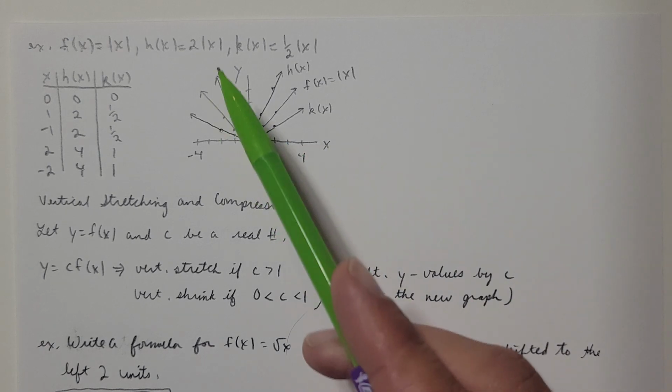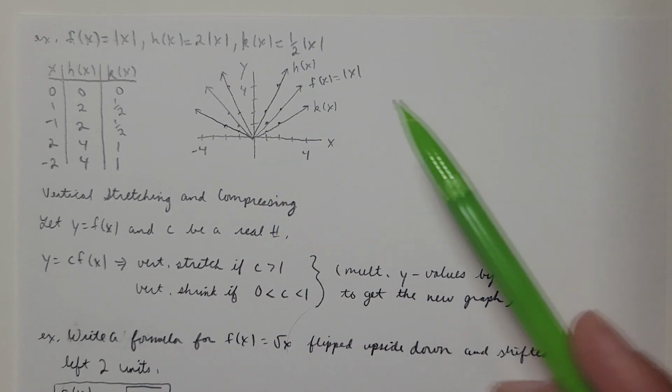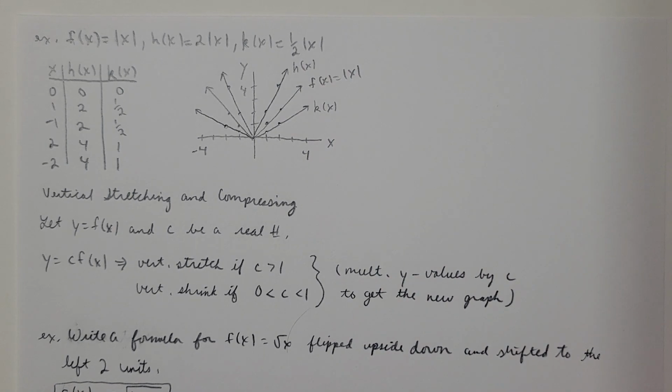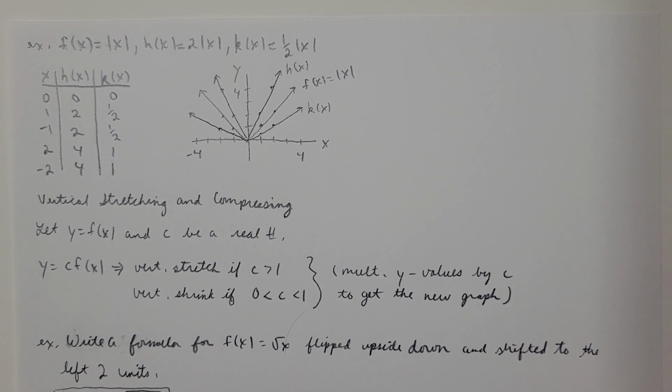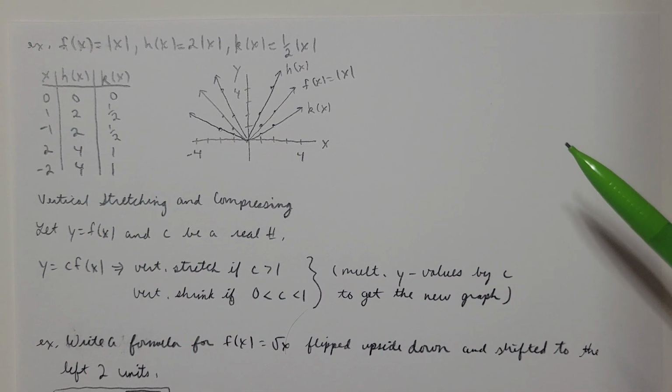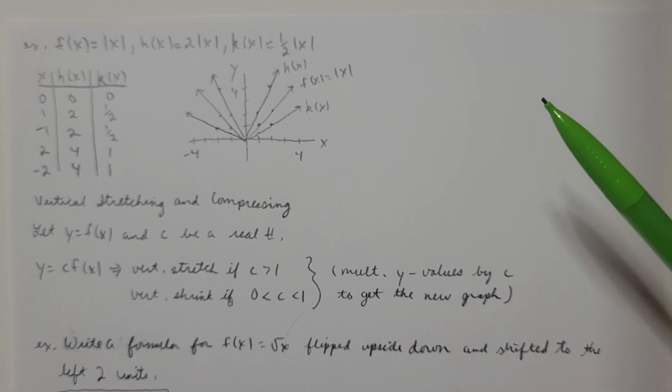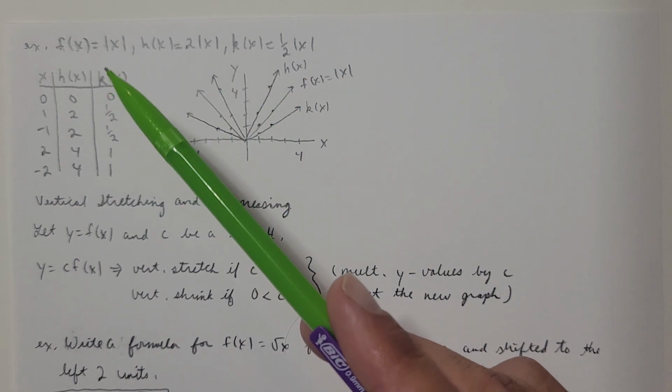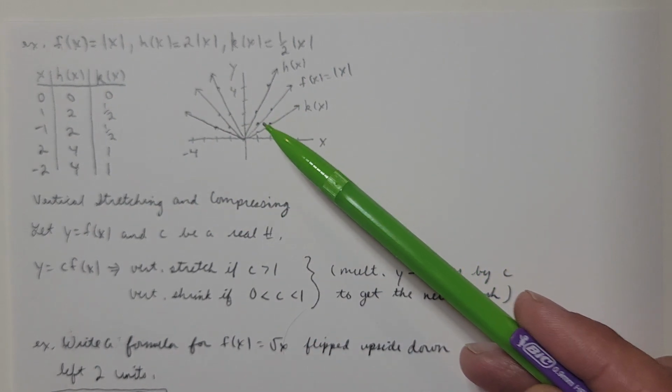H of x is 2 times the absolute value of x, and k of x is 1/2 times the absolute value of x. So if I let x be 0, 0, 0 is on the graph. Okay, if x is 1, the absolute value of 1 is 1, so there's 1, 1 on the graph.